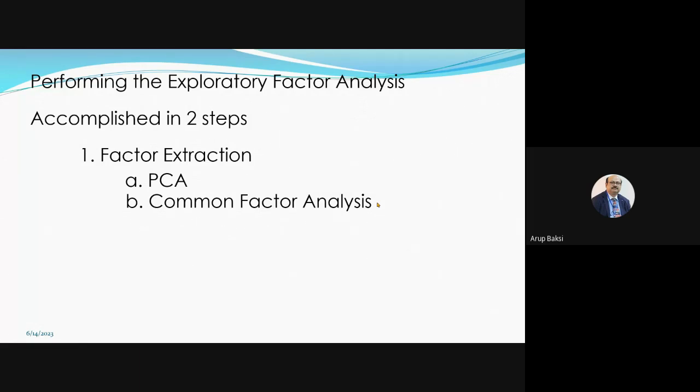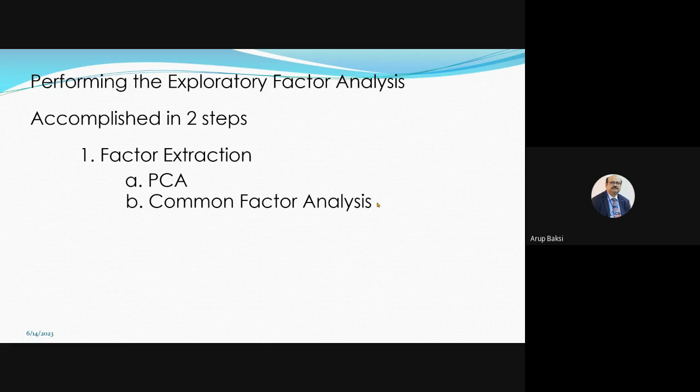In case of factor extraction, let me repeat this. We have 2 possible solutions. One is to conduct the PCA. PCA will be a very restrictive kind of factor extraction, and there we will be extracting certain principal components, but the basic objective of the PCA will be to reduce the number of observed variables. So it's basically a dimension reduction process.